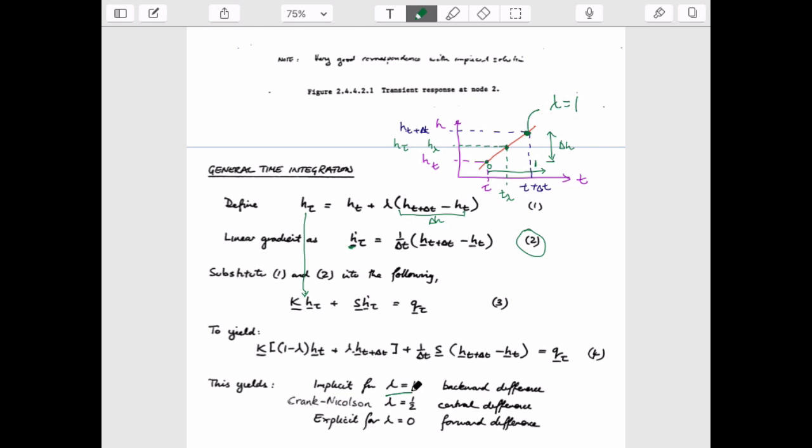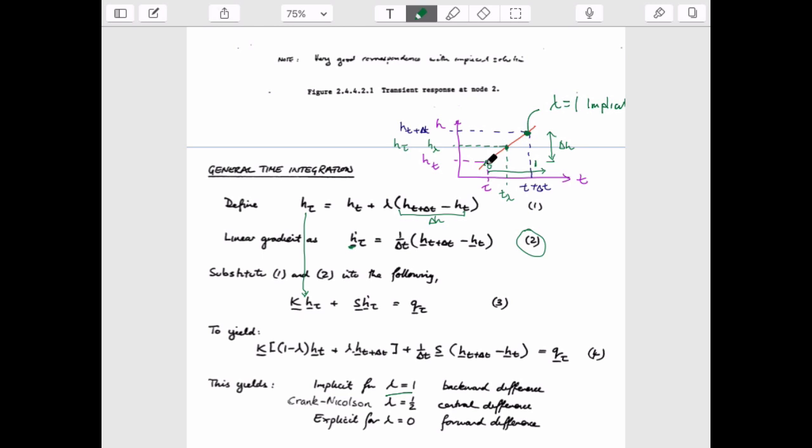If lambda is equal to 1, this is our implicit method, I think also referred to as backward difference, I guess, because you're casting back to figure out what the head is. It seems to me that it should be forward, but I'll take it on trust that the notes I made many years ago are right. And so this is the value that we did for the implicit method.